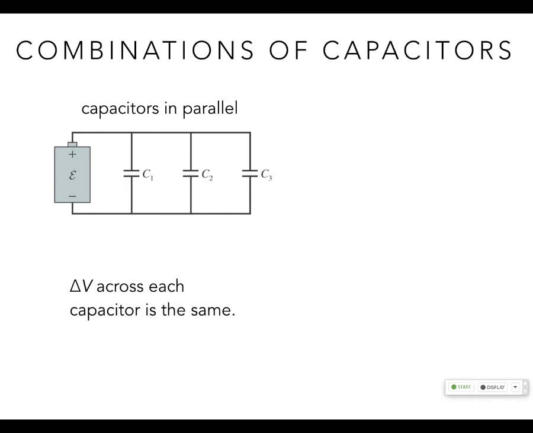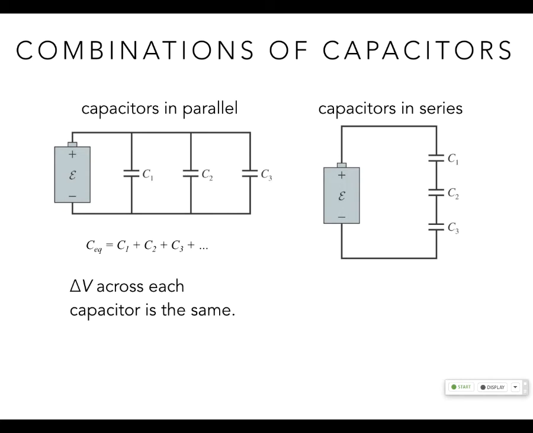It's determined usually by the battery, but even if there's no battery, voltage should be the same across capacitors in parallel. And you add up capacitors in parallel, C1 plus C2 plus C3. And what equation would we use to get charge knowing that information? Yeah, this is the definition of capacitance, Q over delta V. Capacitance times voltage.